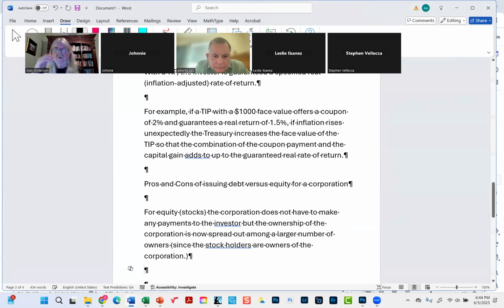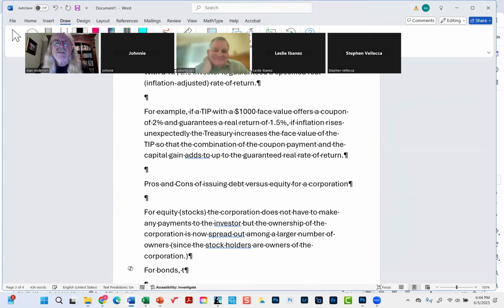That's what it means. Right? That's why the word equity is used, because equity means you actually own a piece of the company. So the good thing is we don't have to make any payments to the investors, but that means we have to share the wealth with more people.